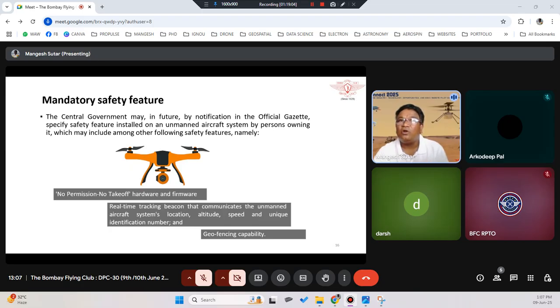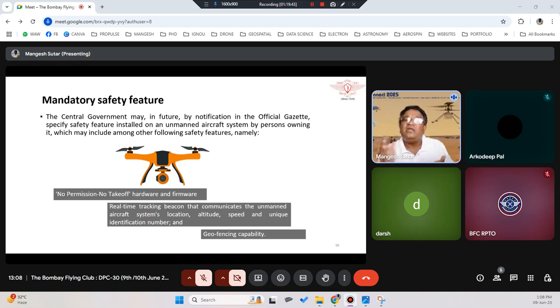Currently you are only allowed to fly a drone under VLOS condition, not under BVLOS, because the regulations and requirements for flying under BVLOS condition have not been released by DGCA. So currently your Drone Rules 2021 are only applicable for VLOS condition only. All the operations you are going to carry out are under visual line of sight only. For BVLOS condition, these other 2 mandatory features, or there might be more mandatory features, would come in.